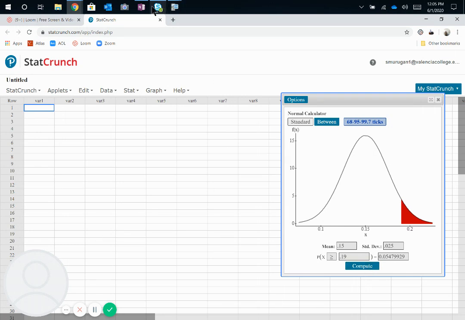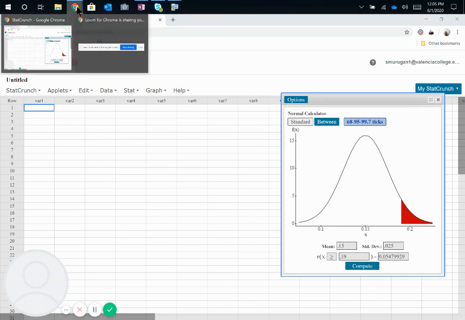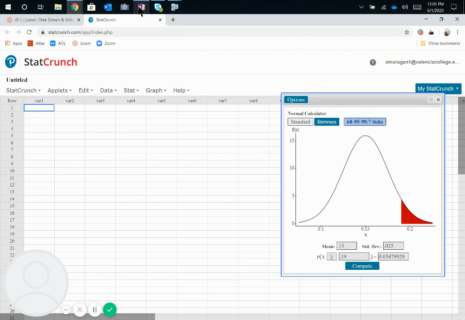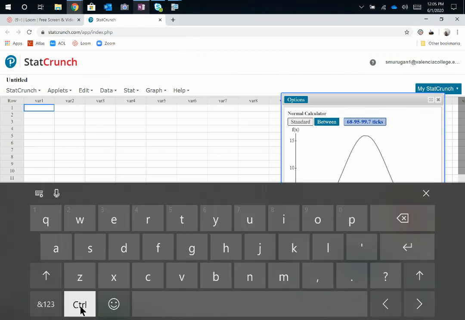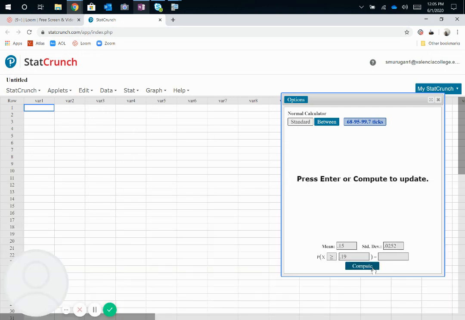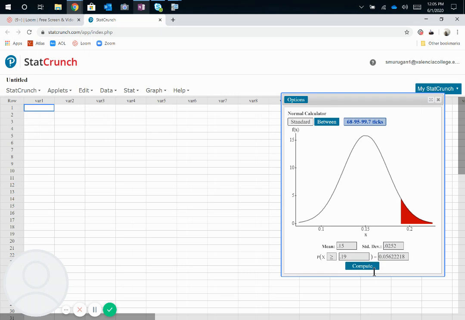How many decimal places are they asking us for? So the problem is asking for 3 decimal places. Now, FYI, note that if you take the standard deviation as 4 decimal places, your answer will be even more accurate. So let's say I took that as 0.0252, and I will get 0.056, which is also an accurate answer.